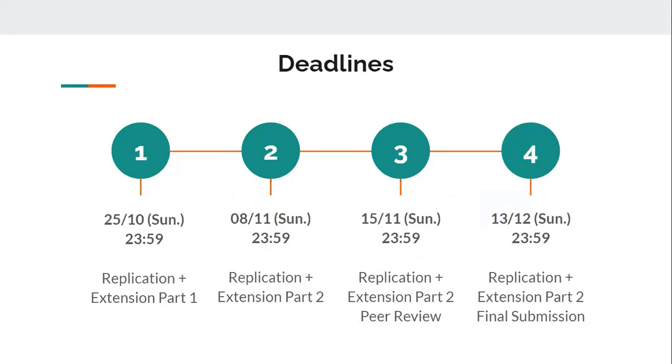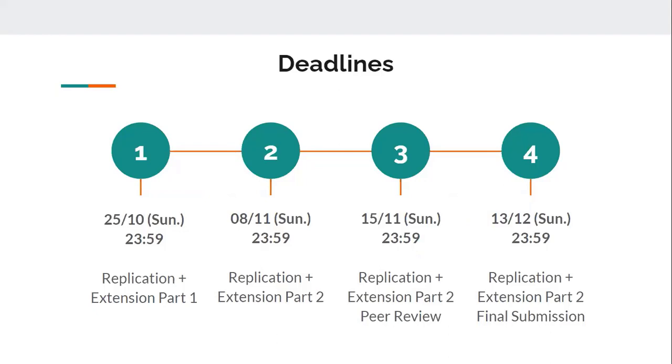Please submit the replication extension part 1, which means Qualtrics, the introduction, article analysis, and effect size calculations, by the 25th of October, 2359, which means 11:59 p.m. This will be a Sunday.